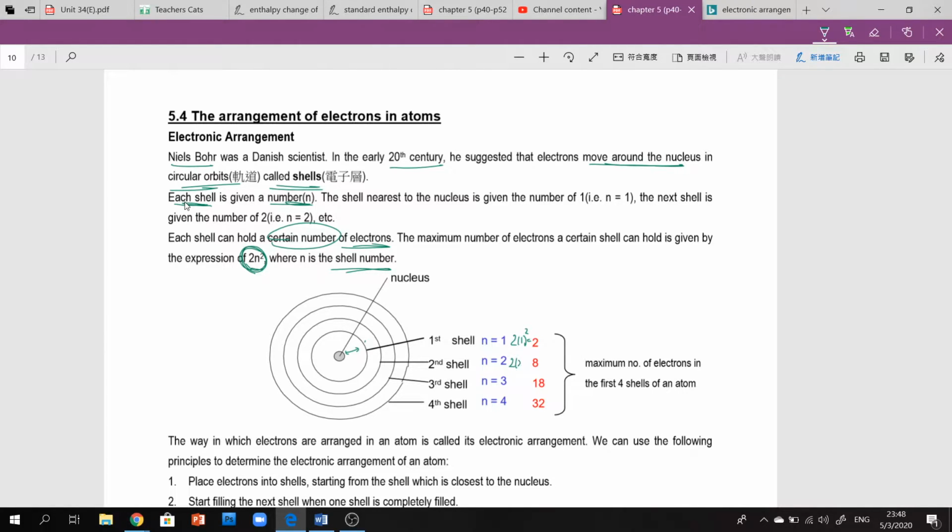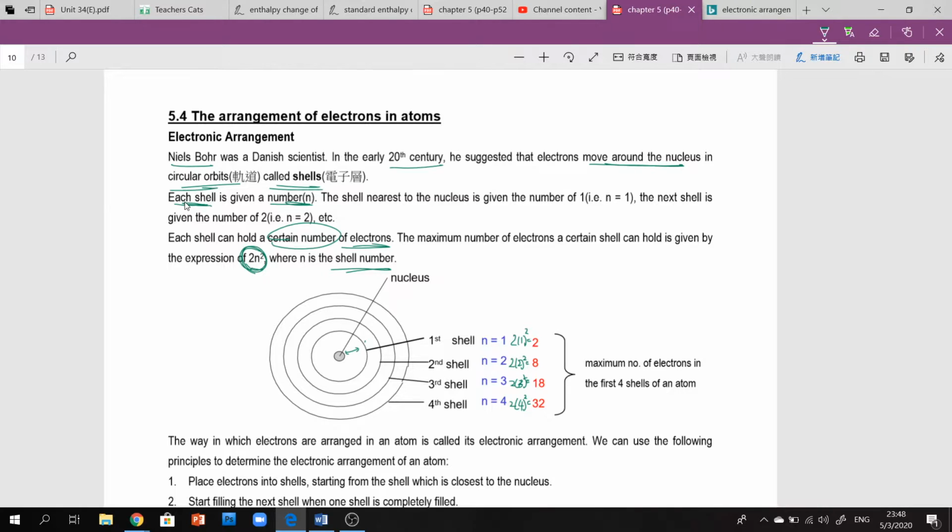Then 2 times 2 squared gives 8, 2 times 3 squared gives 18, and 2 times 4 squared gives 32. So the different shells each have their own maximum accommodation of electrons.